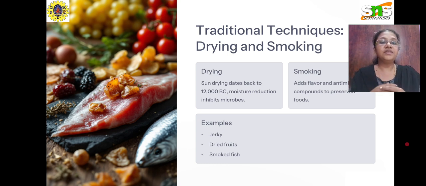Examples of dried or smoked foods available in the markets are dried fruits, made by the technique of drying, smoked fish, and dehydrated or dried vegetables.